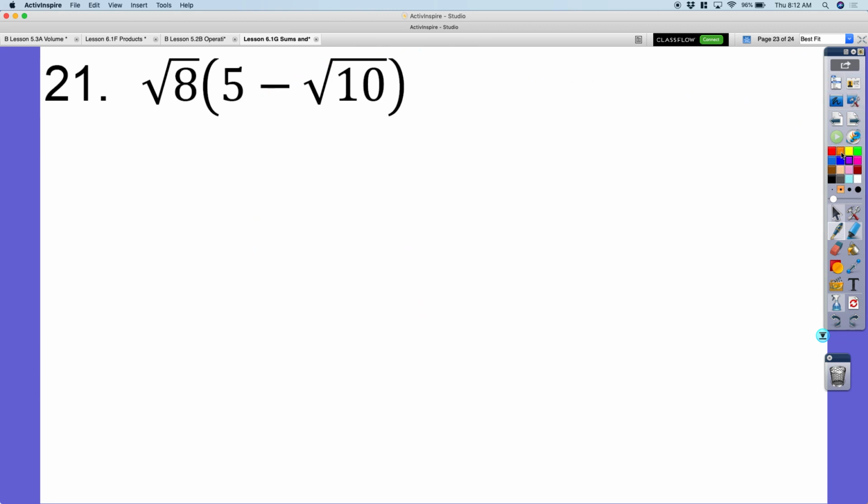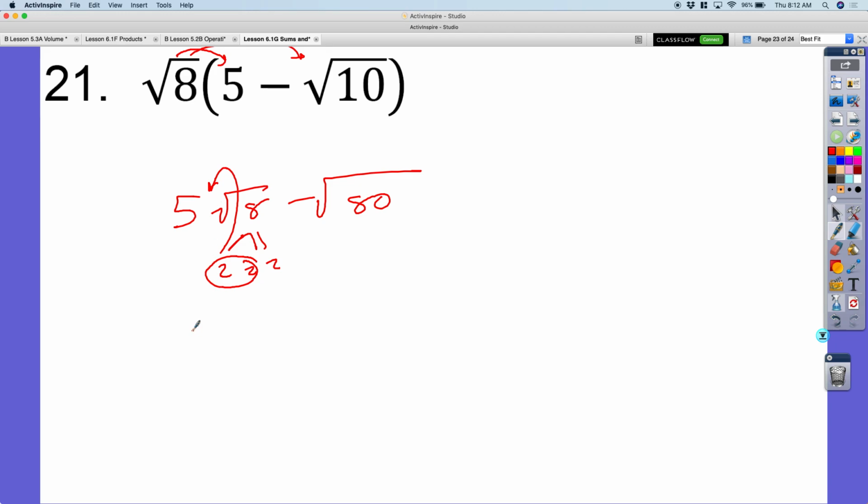I'm going to start by distributing this square root of 8 to both terms. This will give me 5 square root 8 minus the square root of 80. Let's see, this breaks down to 2 times 2 times 2. I have a group of 2's that can come out. So 2 times 5 is 10 with the leftover square root 2, minus 80 breaks down to, let's just do 10 and 8.